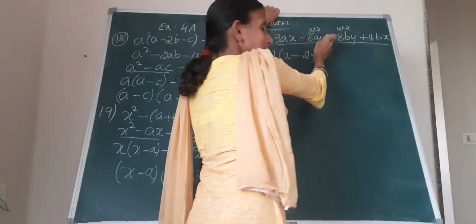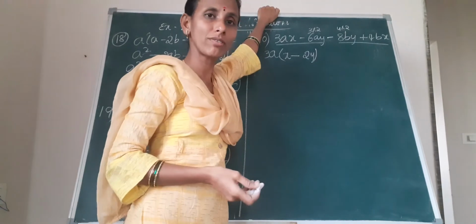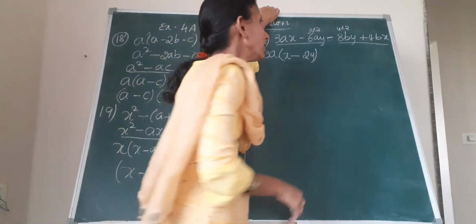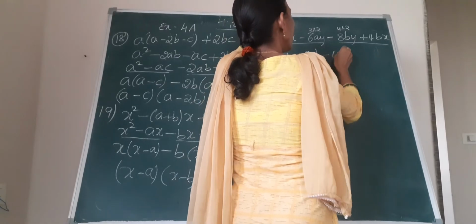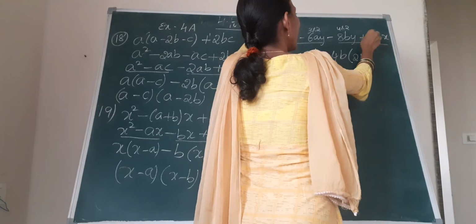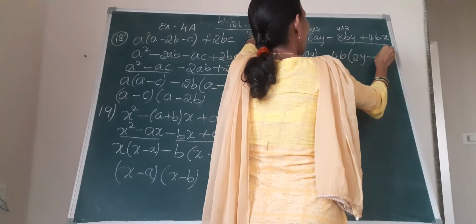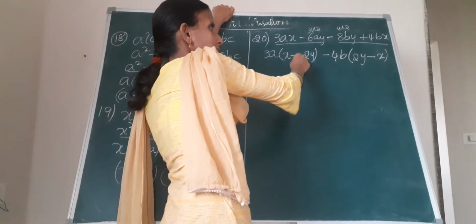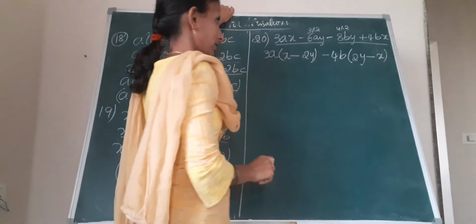So the first one is minus. So in that case, what will we do? We will take minus as a common outside. Okay. So what do we get? Minus 4b into 2y minus x. See, x minus 2y, 2y minus x.